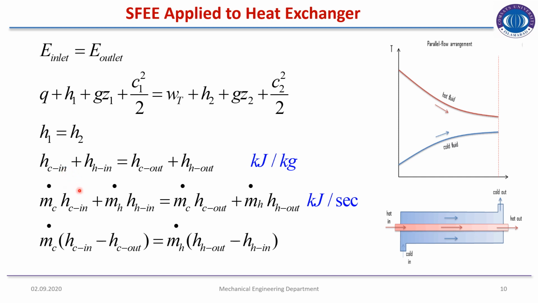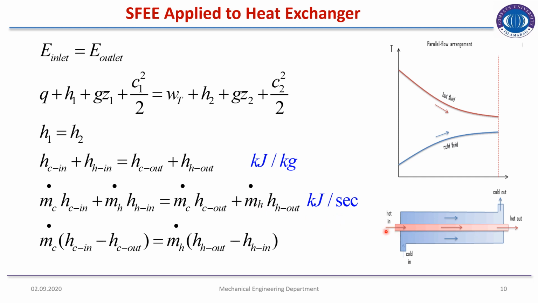If we multiply the entire equation with the mass flow rate, then m dot c in, the mass flow rate of cold in, is equal to the mass flow rate of cold fluid exiting, and the mass flow rate of hot fluid entering and exiting will be the same, because that is a steady flow process.